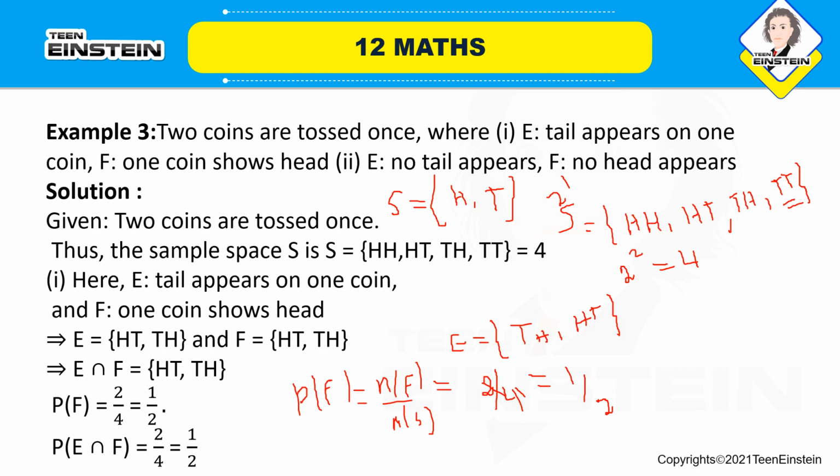Next, P of E intersection F. Because what we have to find here? Here the question is actually incomplete.